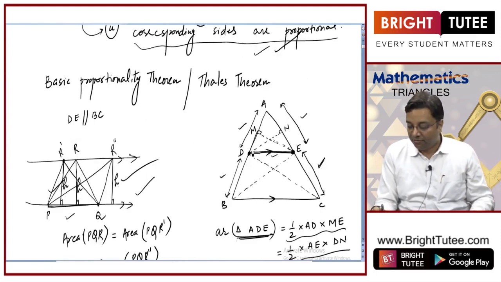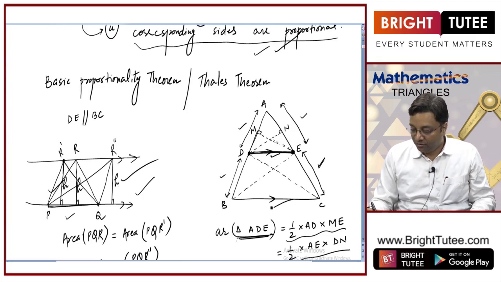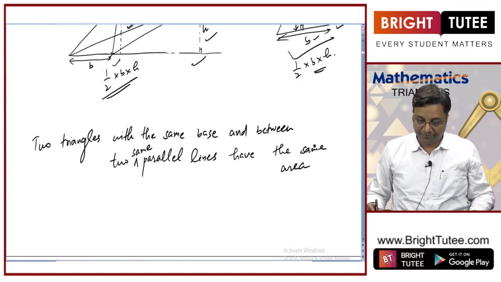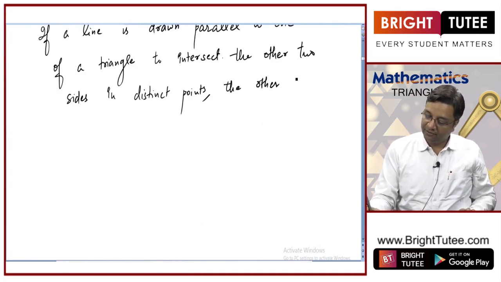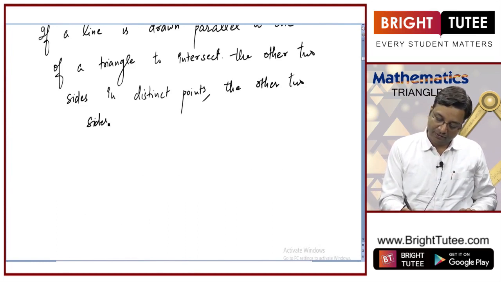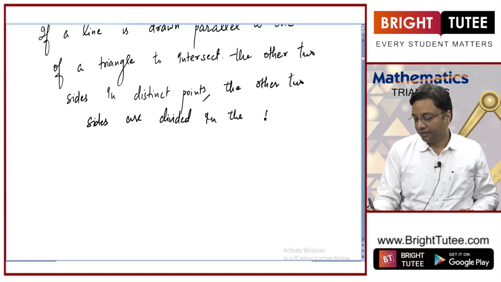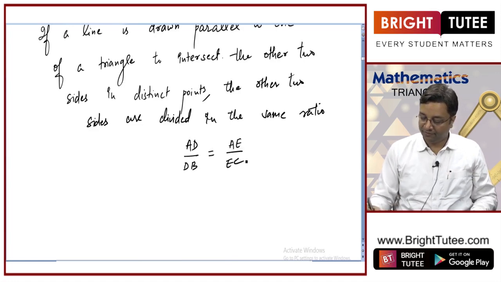So, if we draw a line DE parallel to side BC, cutting the two sides AB and AC at D and E respectively, then the other two sides are divided in the same ratio, as we saw there that AD by DB was equal to AE by EC, right.